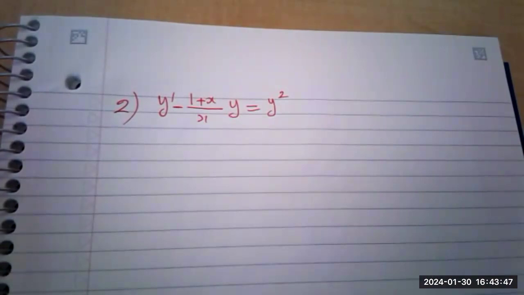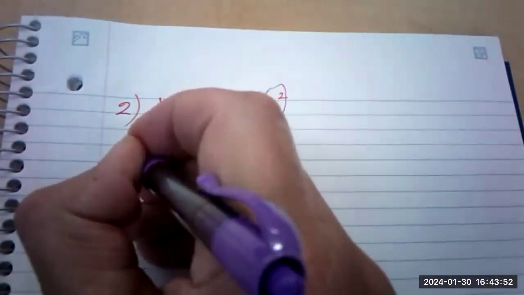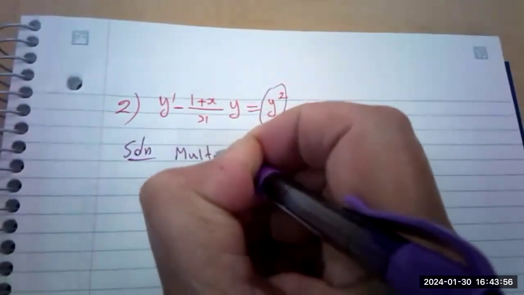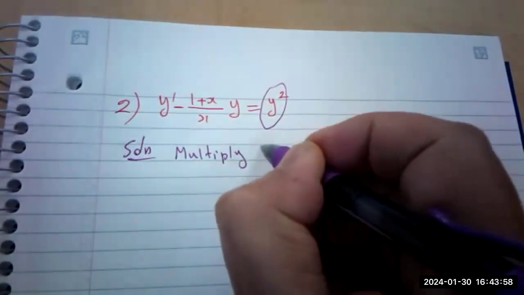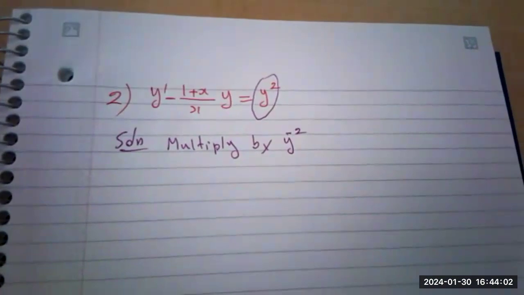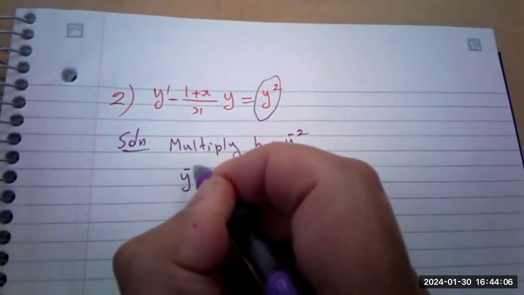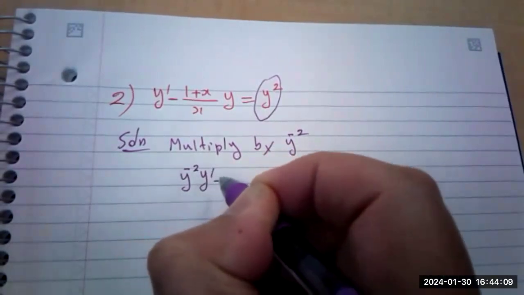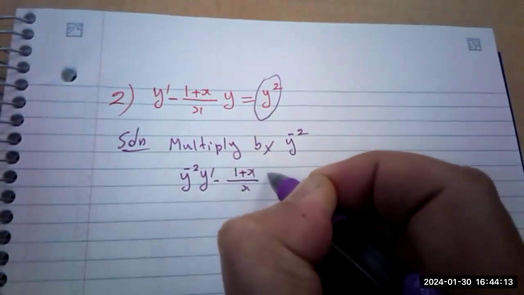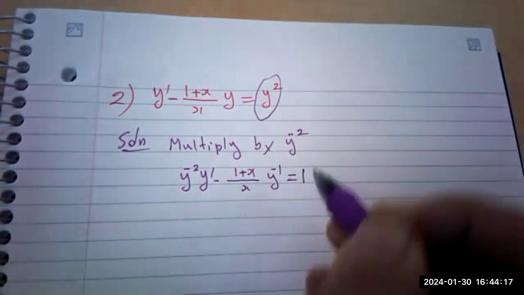So what you have to do is get rid of this. Solution: I'm going to multiply by y to the -2. Quickly, I simplify at the same time. So it's going to be y to the -2 y prime minus (1 plus x) over x times y to the -1, like the previous one that we did, and this is 1.